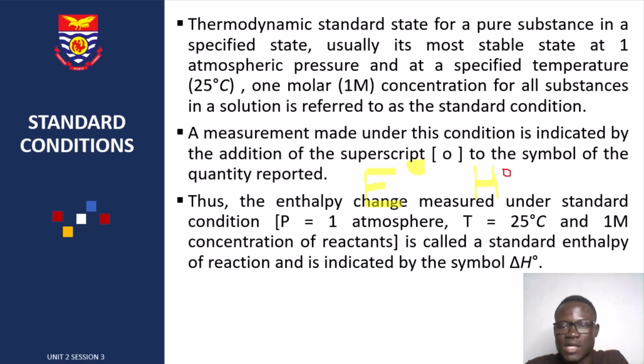So that is how we write standard conditions for a particular quantity. And the enthalpy change measured under standard conditions, like I said earlier on, P equal to 1 atmosphere, T equal to 25 degrees, and concentrations of 1 molar, is called the standard enthalpy of reaction and is indicated by the symbol shown, as said earlier.